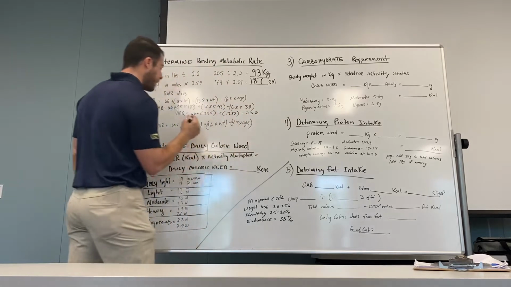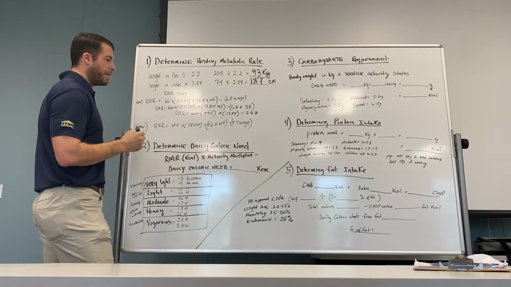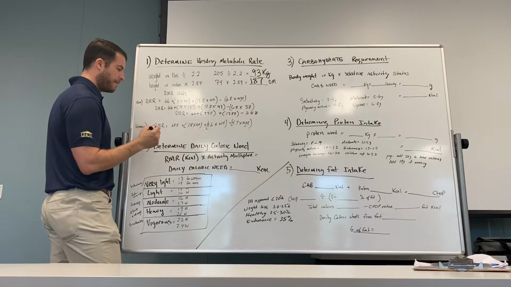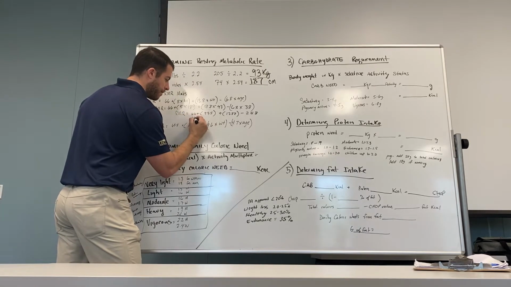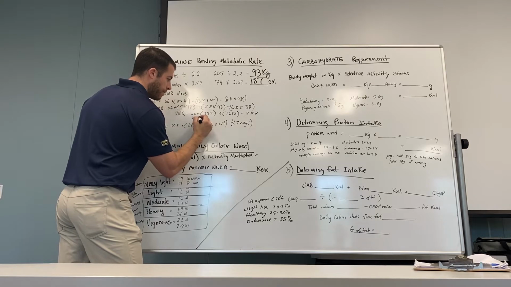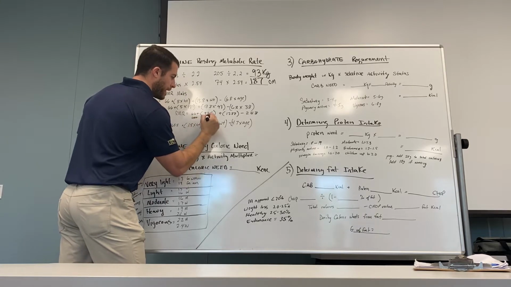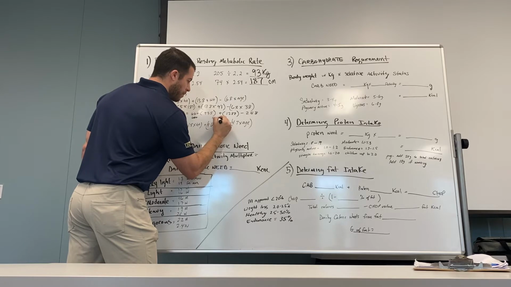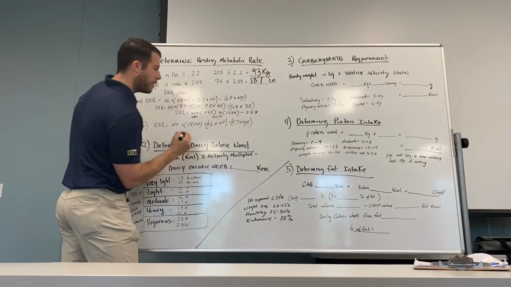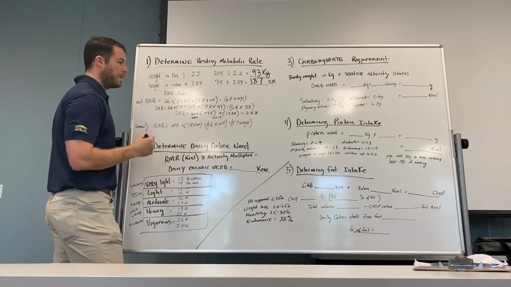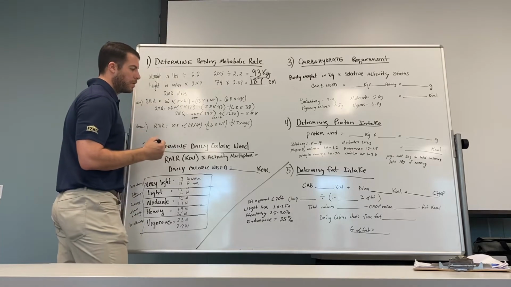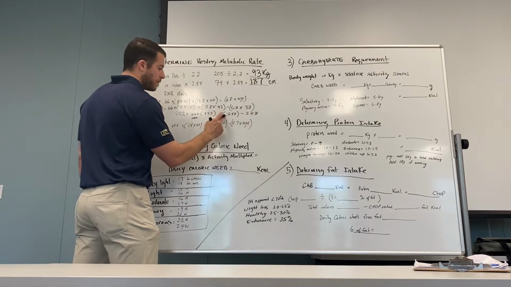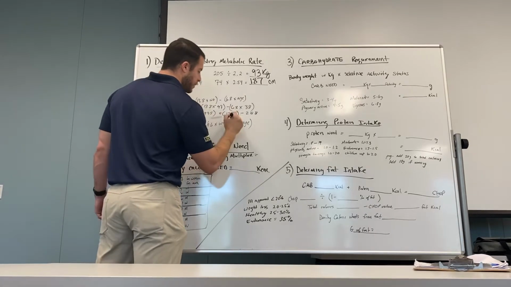All right, so now we're gonna take 66 plus 935, which is 1,001. Plus 1288 is 2289.